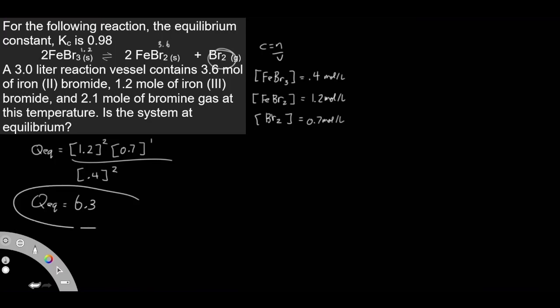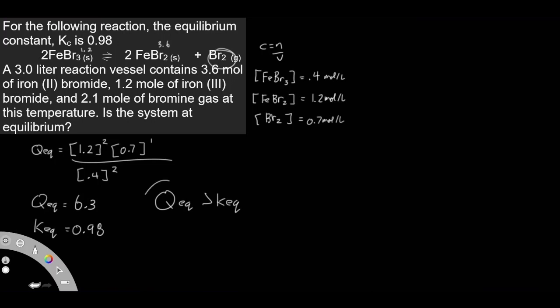So we just compare this 6.3 value with what we see up there. Obviously our 6.3 is larger than our Keq. Our Kc gives us 0.98, right? So our Keq, branded as Kc for this kind of question because we're dealing with molarity, is just 0.98. Of course this Q is much larger than the Keq. This Q is greater than the Keq.